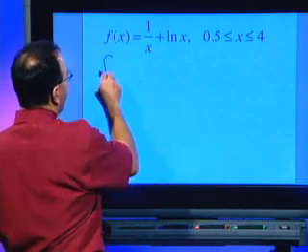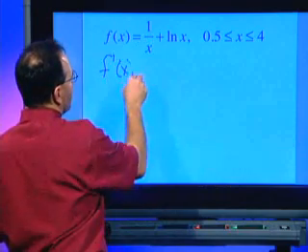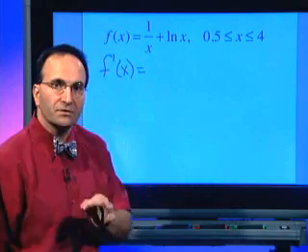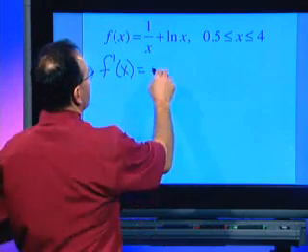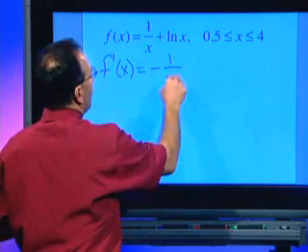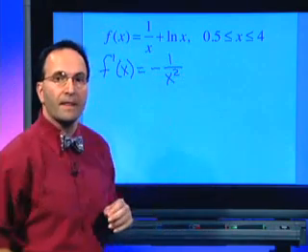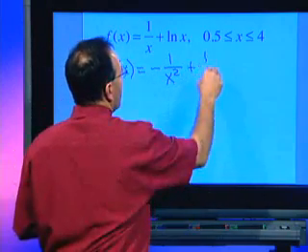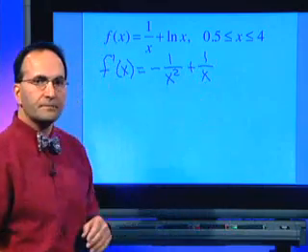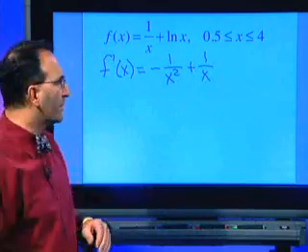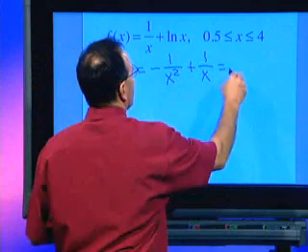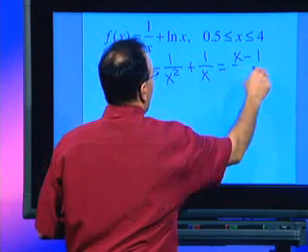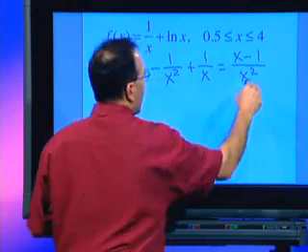So f'(x) is equal to, well, the derivative of 1/x we've seen a number of times. That's equal to -1/x². And then the derivative of log x is 1/x. If I simplify that a little bit, that would be equal to (x - 1)/x².